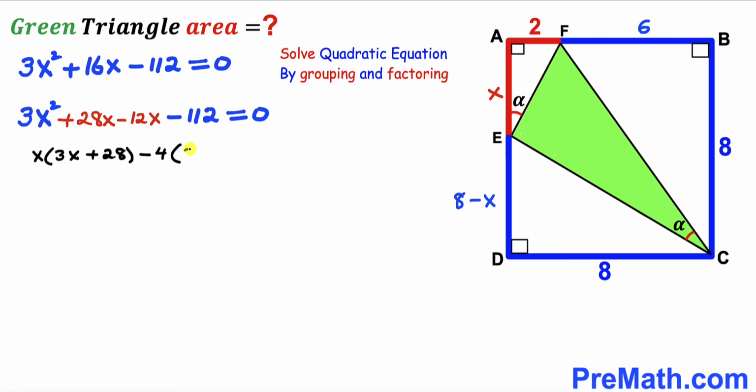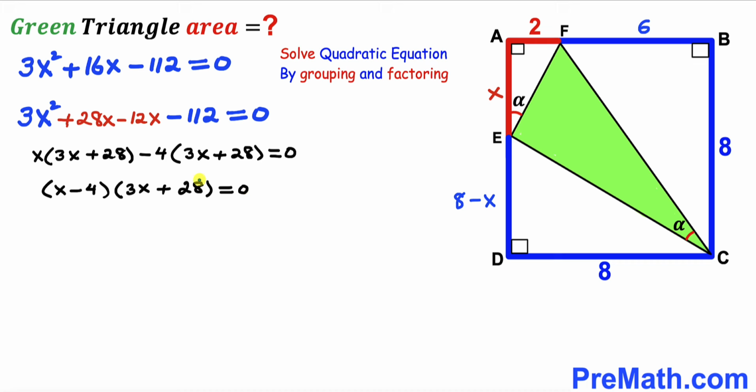So we got 3x plus 28 equal to 0. And here we got 3x plus 28 and 3x plus 28 in common. So therefore we can write x minus 4 times 3x plus 28 equal to 0.